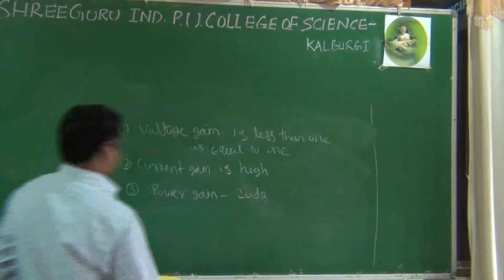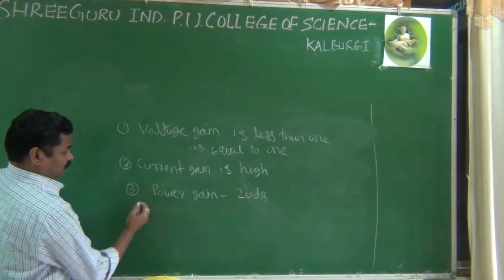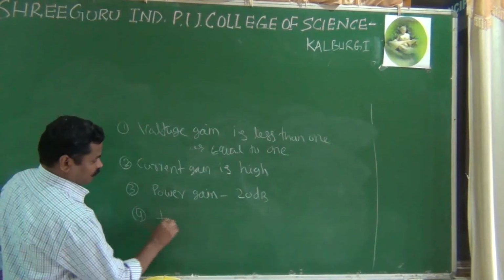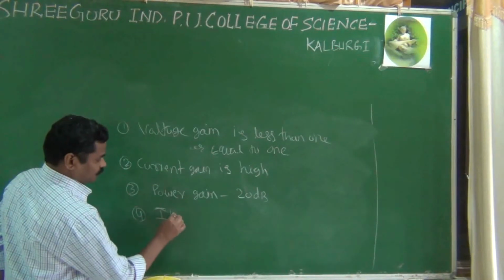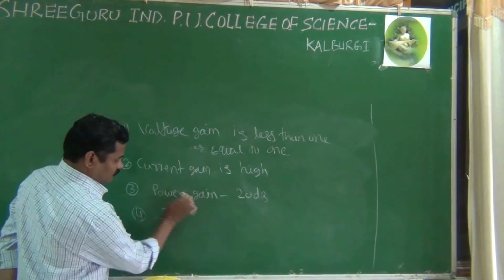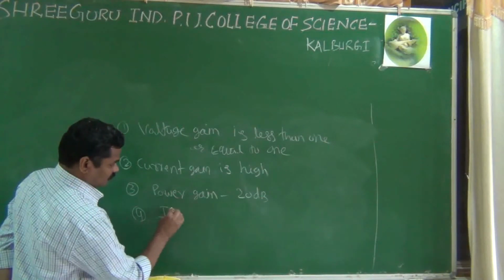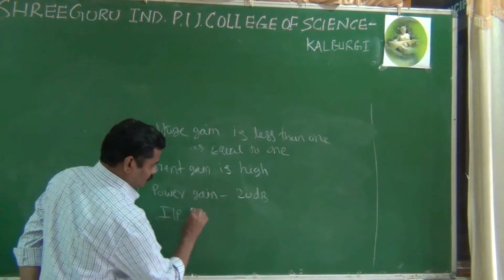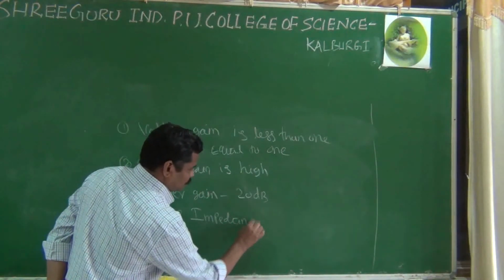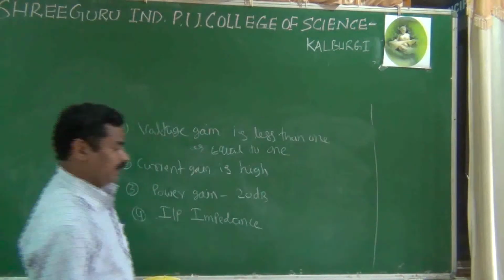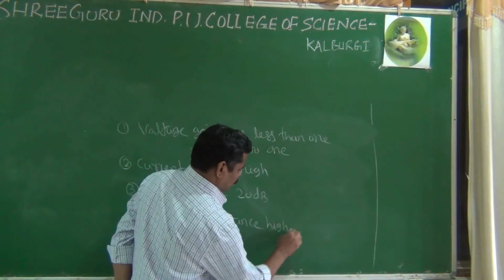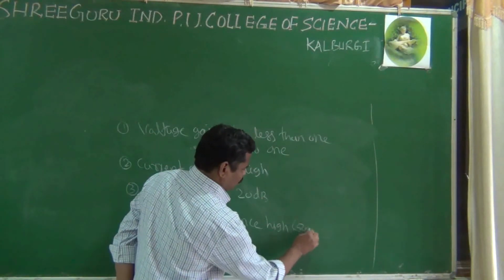And finally we go for the fourth property, the input impedance. The input impedance is very high, nearly about 500 kilo ohms.